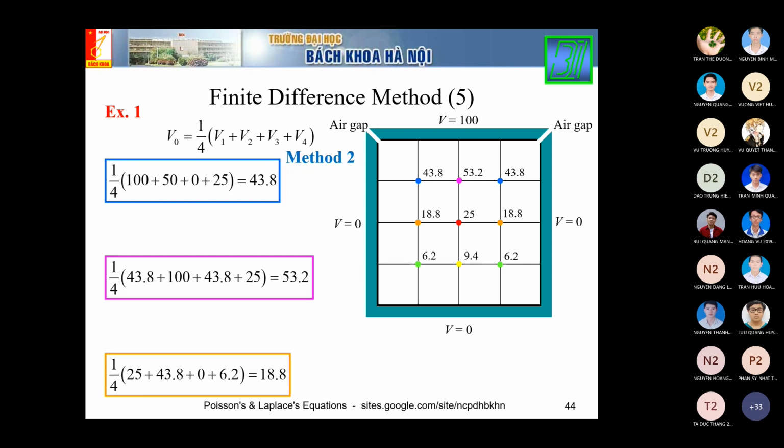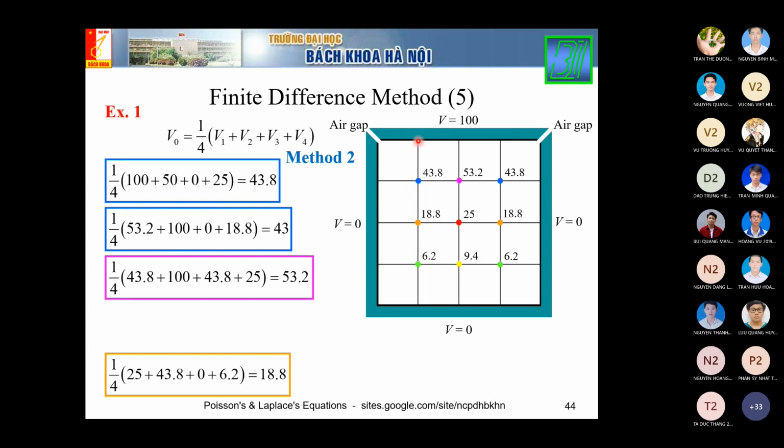Now I have to modify this one a little. This formula here, we found this from the square summation. Okay, 100 plus 50 plus 0 plus 25. Now I try to modify this by applying the diamond summation.